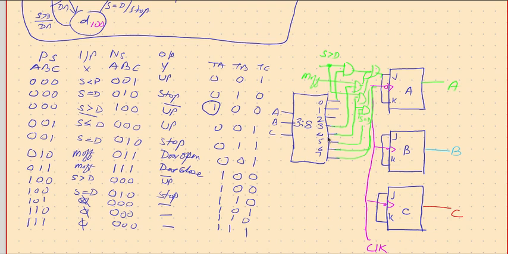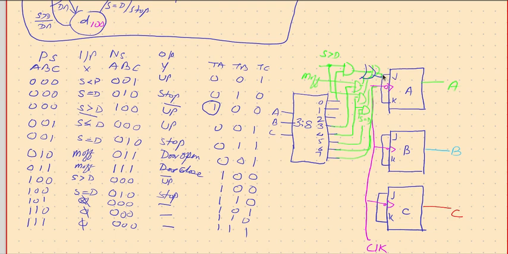Directly take them, and if any one of these inputs is there, then we want TA to be 1. Therefore all of them are ORed together and given as TA input.